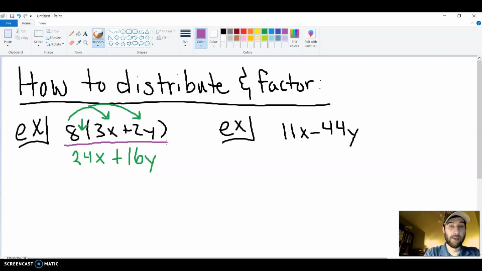We know that the 24, because we just did it, but we could also use some math facts and say that 24 came from 8 times 3. The reason why I bring that up is because the process of factoring to undo distribution requires either the 8 or the 3 to be in common with the 16.